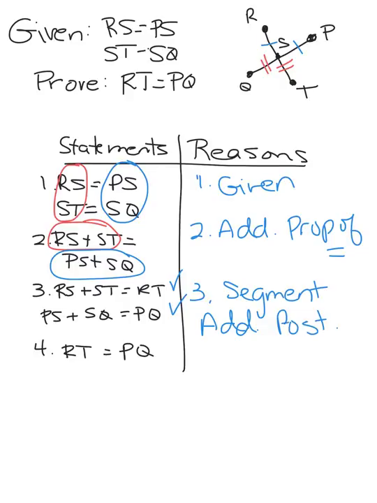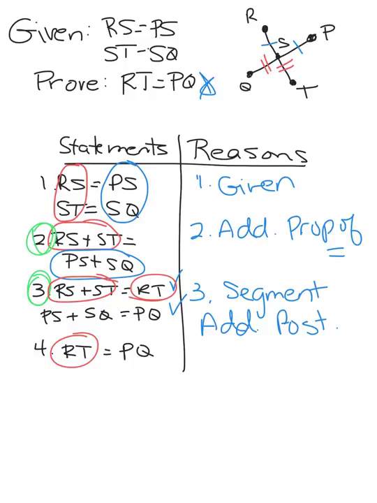Now, looking at our last statement and trying to prove that RT is equal to PQ, what I did was I kind of moved things around. In looking at step number 3 and step number 2, I'm concentrating on 2 and 3. First, I have RS and ST, that's red, and that's what I have right here. That's the same as RT. Kind of move that on top of there.